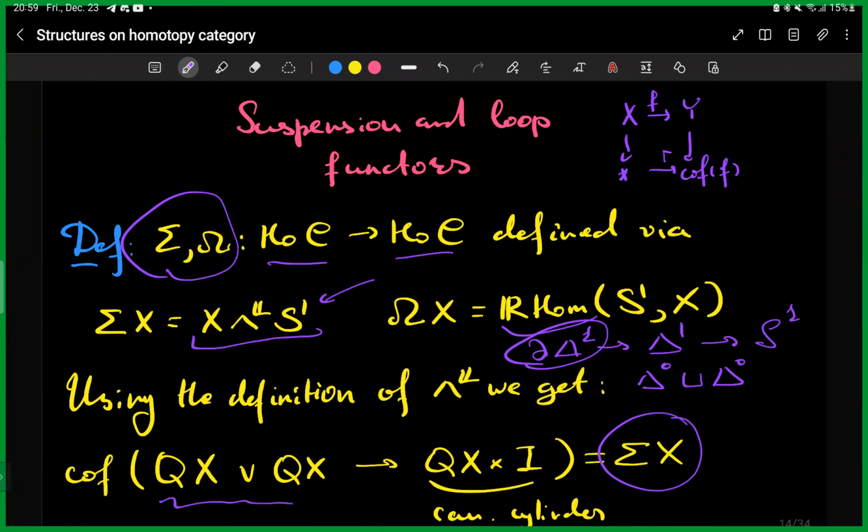If we unwind the definition of the canonical framing, we will see that the smash with delta 1 always produces the first stage of this cosimplicial frame, which coincides with the canonical cylinder. So that's the reasoning behind this formula for the suspension of a space.